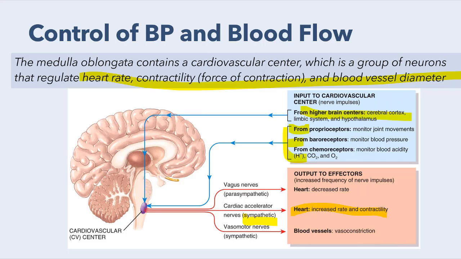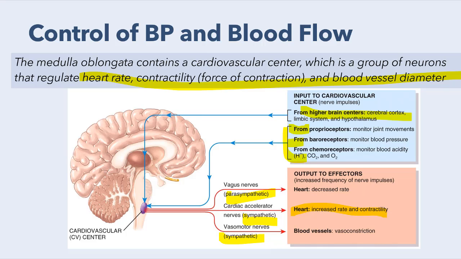The other stimulation is through the vasomotor nerves that will cause the smooth muscle in the blood vessel walls to continuously, moderately contract, creating what we call a vasoconstriction or vasomotor tone.